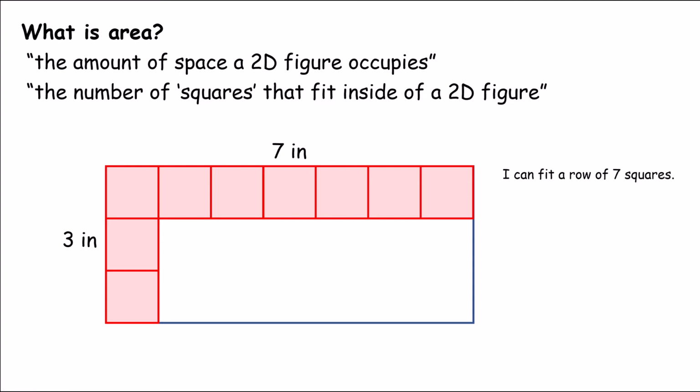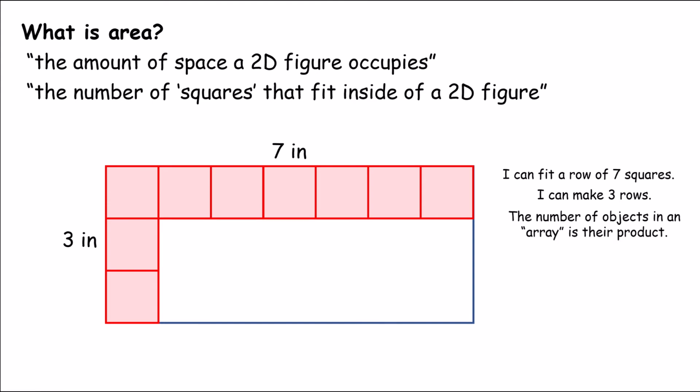Now, knowing that, I can imagine that these 3 squares, 1, 2, and 3, can be used to help me predict how many squares would fit inside.